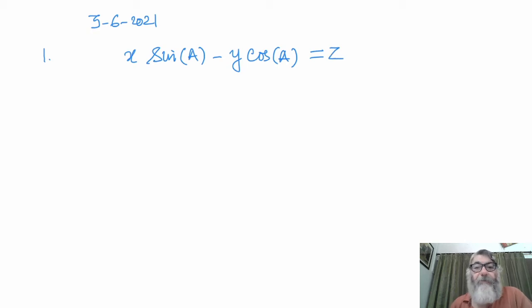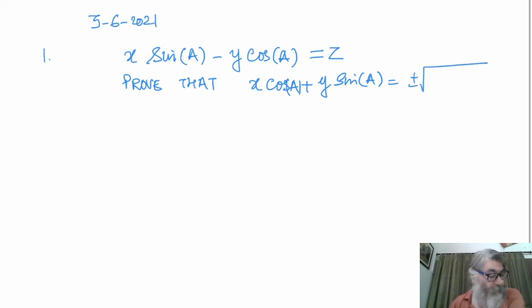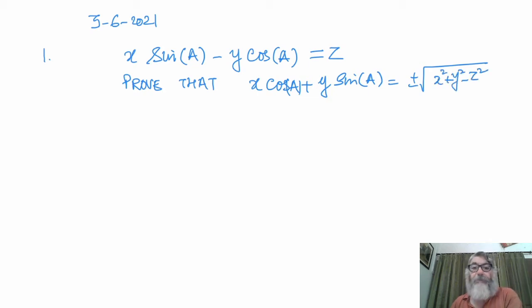We have to prove that x cos A plus y sin A is equal to plus minus under root x square plus y square minus z square.